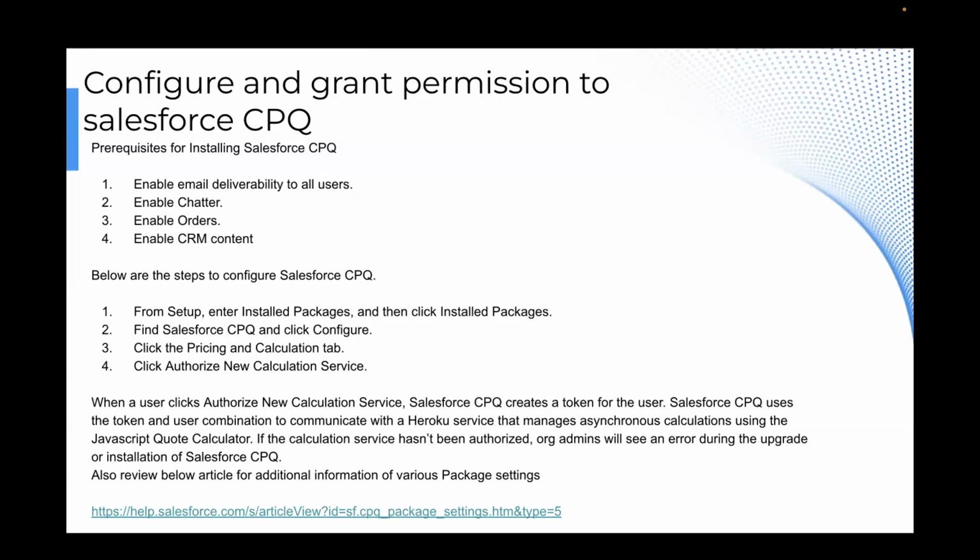Order is a standard object of Salesforce, so the Order object needs to be enabled for all the users. Then the next thing we need to make sure of is that we enable CRM Content. So these are the 4 prerequisites that we have to complete before installing the Salesforce CPQ package in our environment.